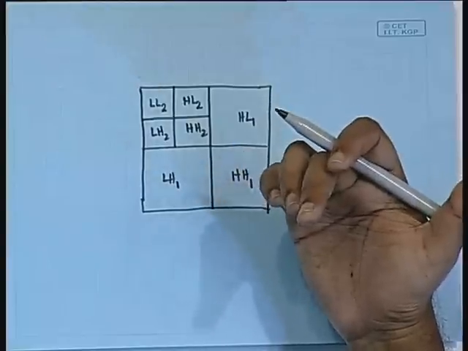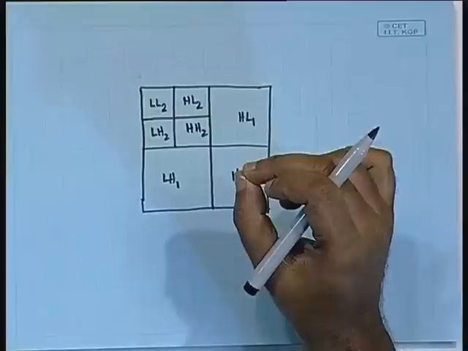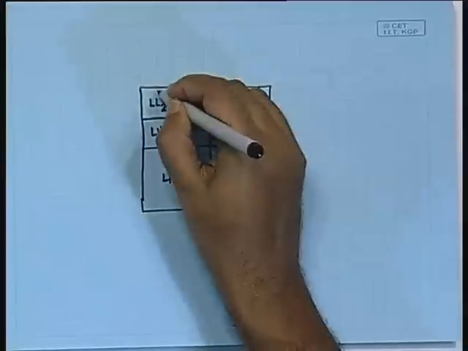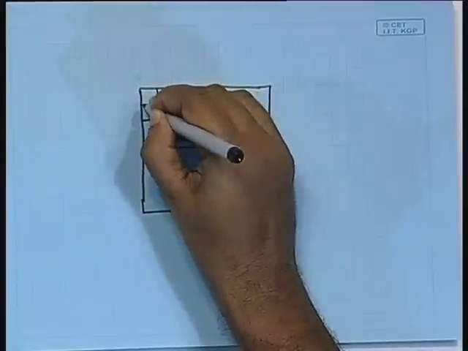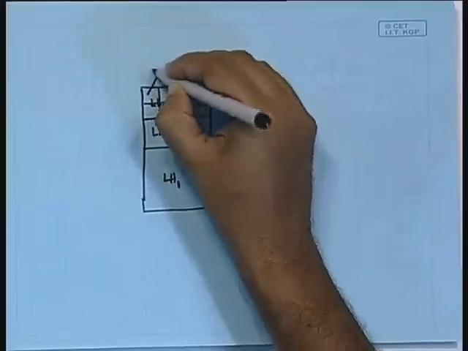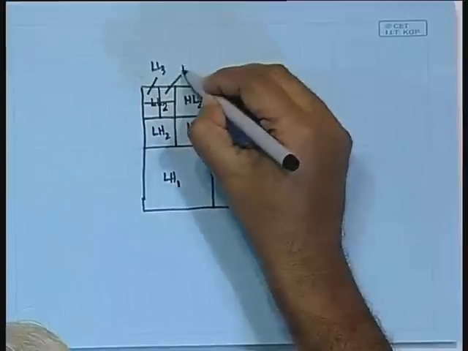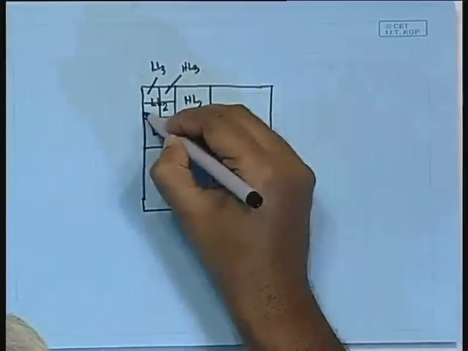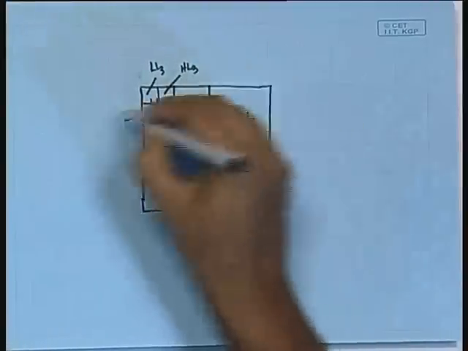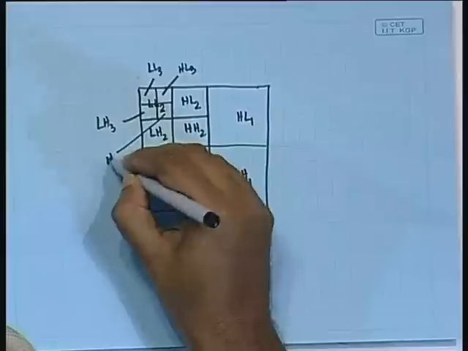So, it will make more sense in partitioning this LL2 subband further. So, we now decide to partition LL2 into 4 subbands. Here we will be getting LL3, this we will be getting as HL3, this will be our LH3, this will be the HH3.